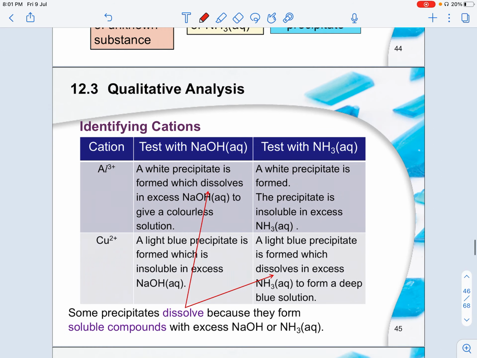So in this case, for a new test, if it's dissolved, you may want to confirm it with aqueous ammonia to see whether the precipitate will still be insoluble. Generally, we tend to do two of these: first sodium hydroxide, then aqueous ammonia, in the event it is a white precipitate, to further confirm it.